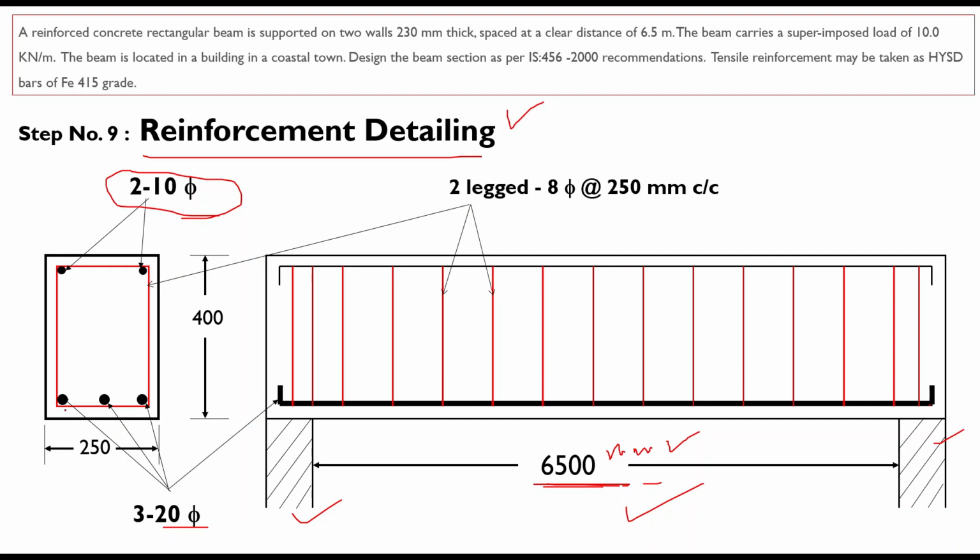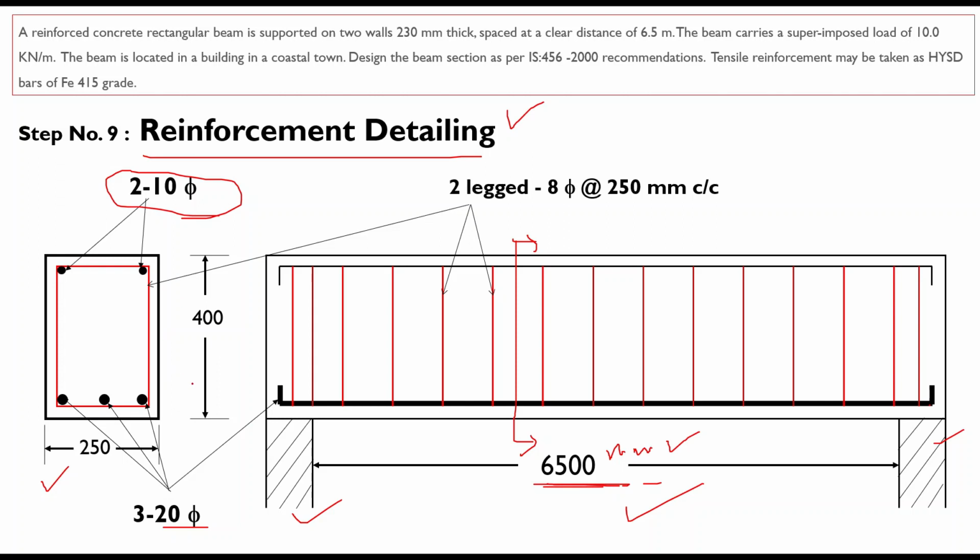Now here, this one is the section. Suppose we are taking a section somewhere here. This will be the sectional view, and this 250 is the effective depth of the section. 400 mm is the overall depth of the section. Three number of bars you have provided. You can also show more information, such as clear cover and effective cover.